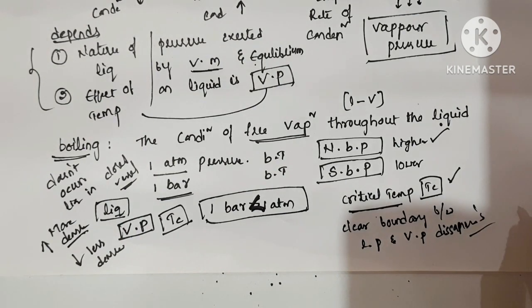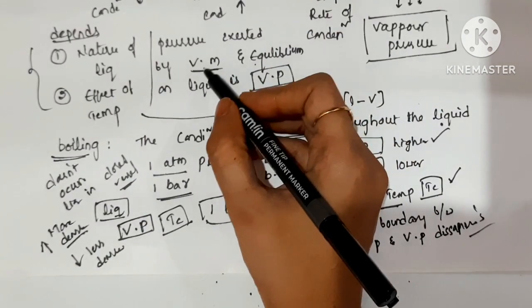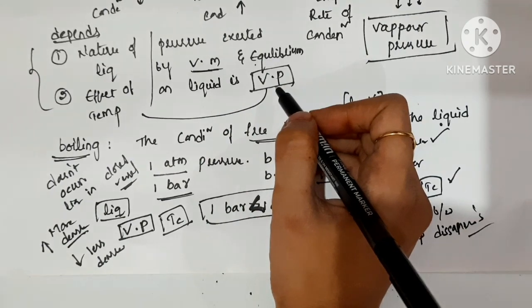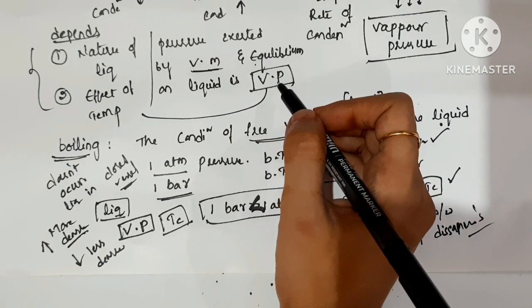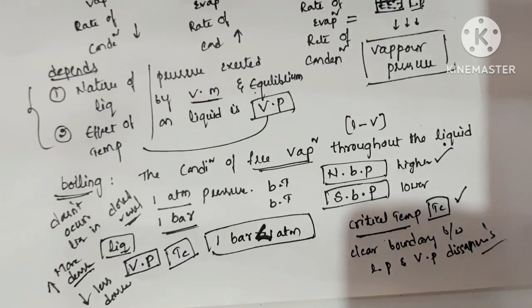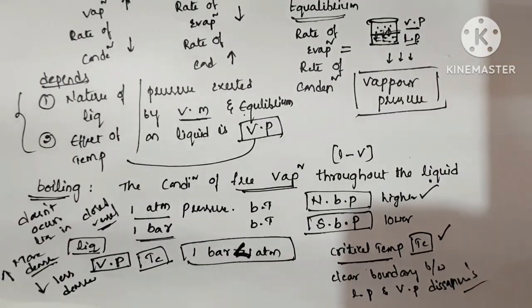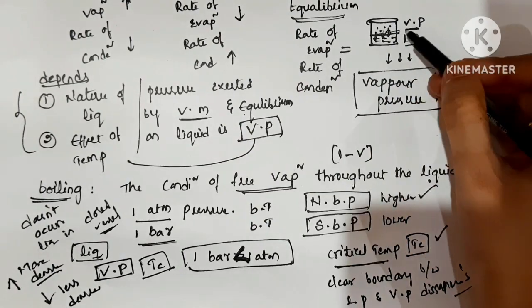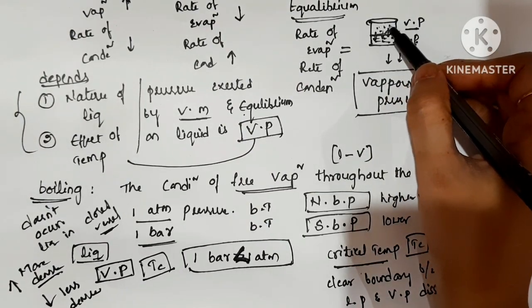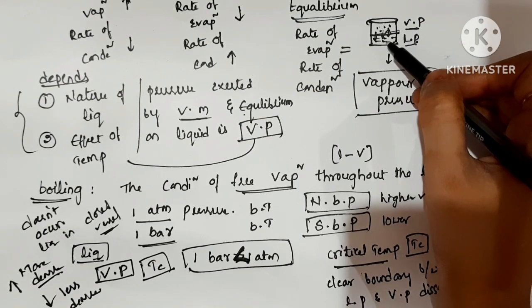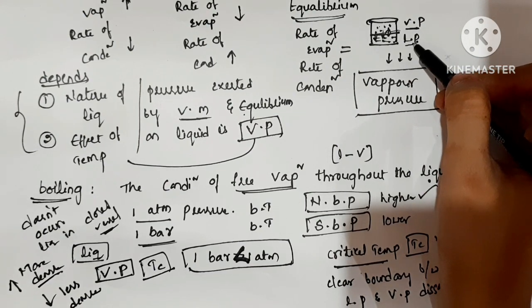All this is about vapor pressure. So the pressure exerted by vapor molecules at equilibrium on liquid is vapor pressure. That means at equilibrium state, the rate of evaporation is equal to the rate of condensation. At this state, the molecules present in the vapor phase exert some pressure on the molecules present in the liquid phase, right?